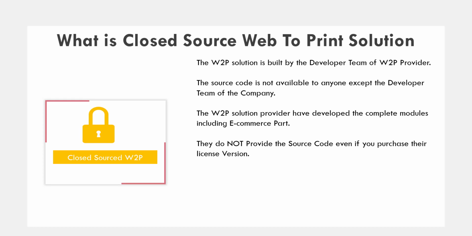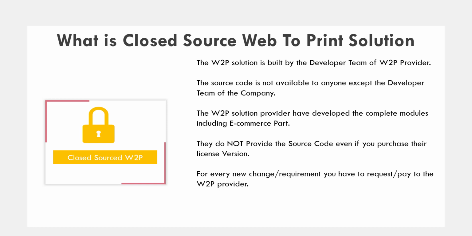Whereas with open source, you already have the source code of the e-commerce platform in the market. But closed source web-to-print solution providers will not give you any kind of source code, even if you purchase a licensed version from them.